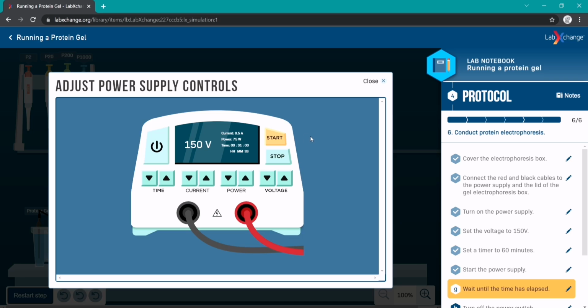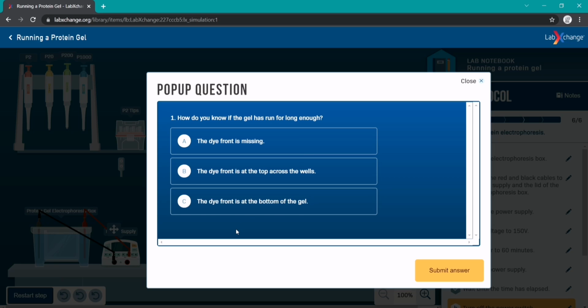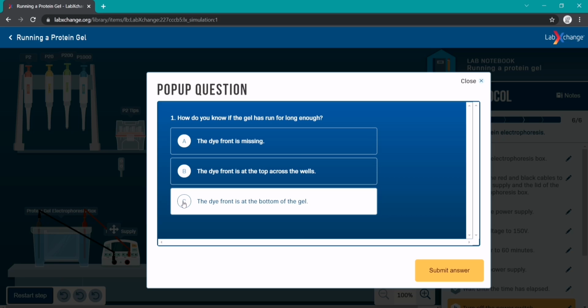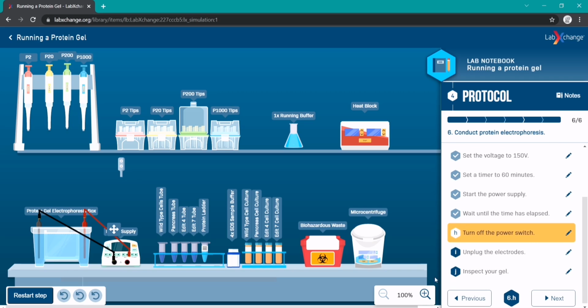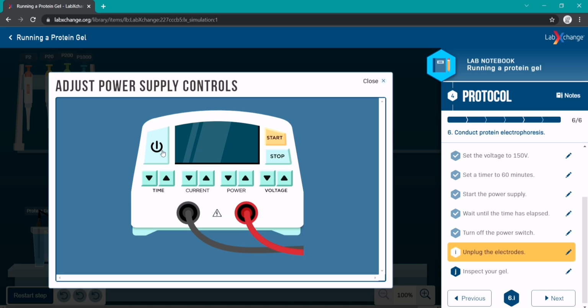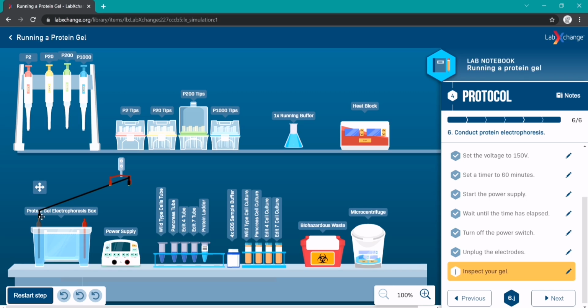Now, wait until the time has elapsed. Now, turn off the power switch. Later, unplug the electrodes. And now, inspect your gel.